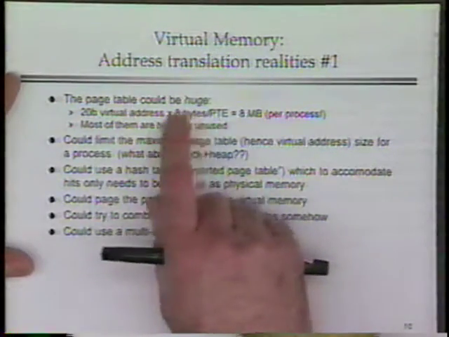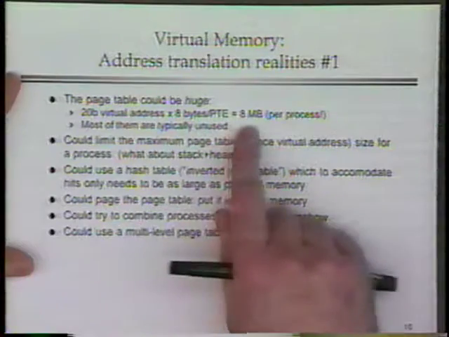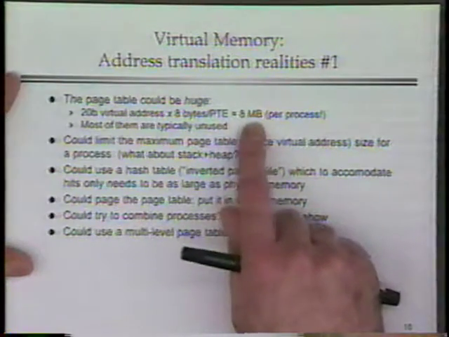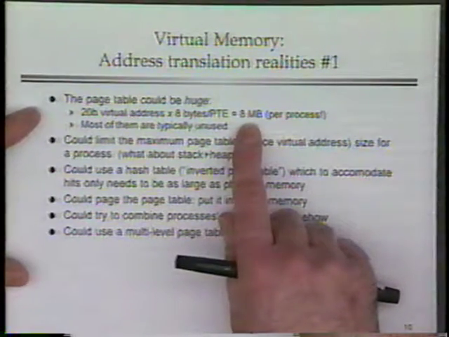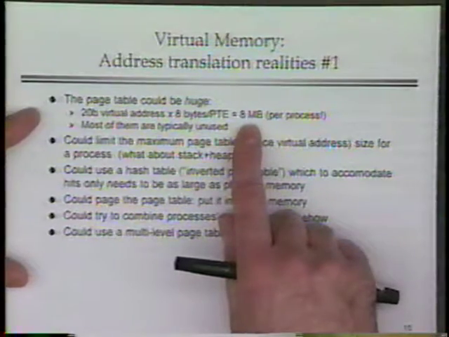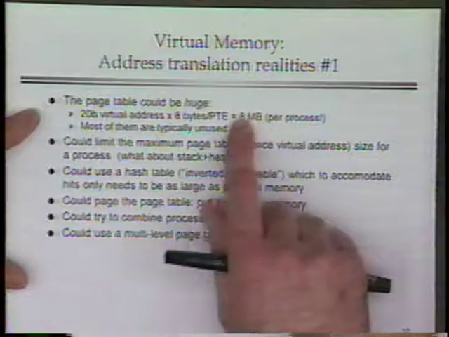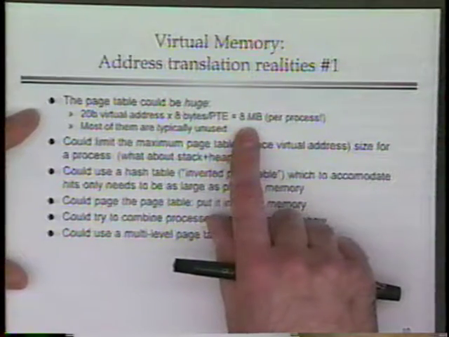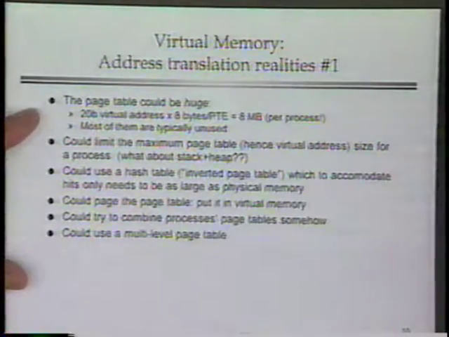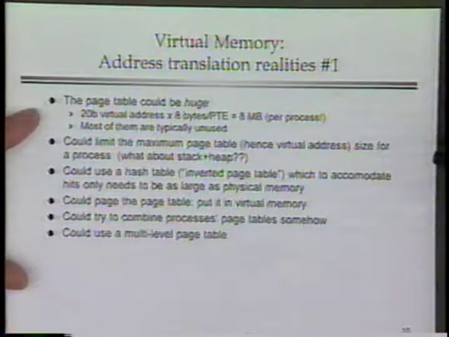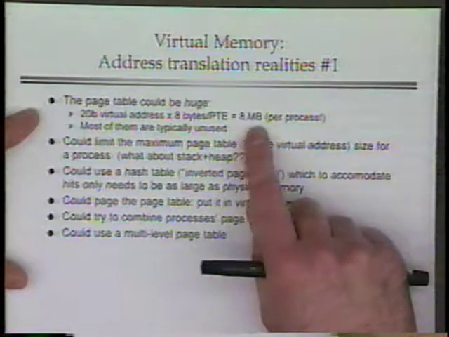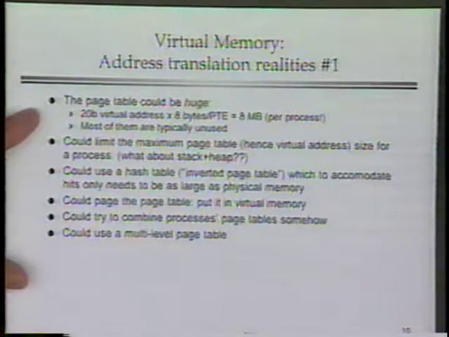And if each of those table entries is 8 bytes, then you've just burned up 8 megabytes worth of memory, presumably main memory, for this page table. And most of them are going to be unused, because this 8 megabytes of page table can represent 2 to the 32 bytes of virtual memory that most processes won't be using.